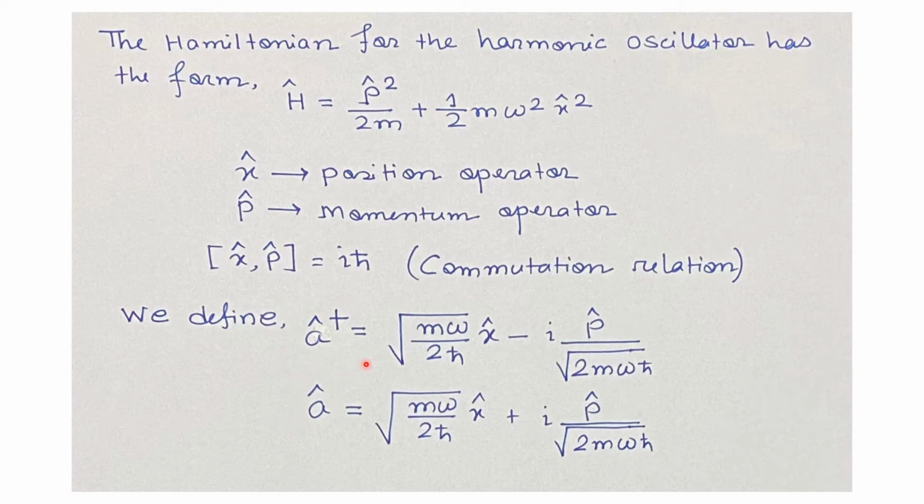A cap dagger is defined as root over m omega divided by 2h cut times x cap operator minus i times p cap operator divided by root over 2m omega h cut. And the second operator A cap is defined as root over m omega divided by 2h cut times x cap operator plus i times the p cap operator divided by root over 2m omega h cut. It is clearly seen that these two operators A cap and A cap dagger are complex conjugates of each other.